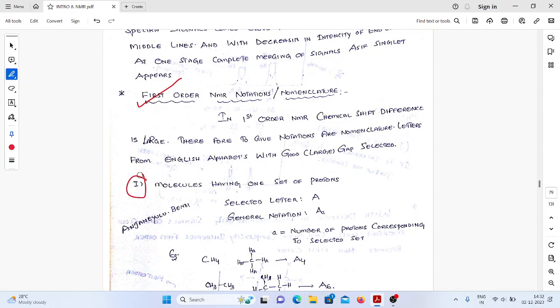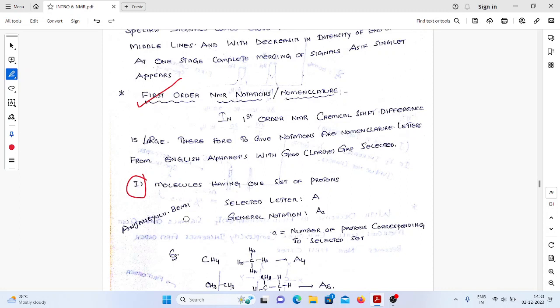Already we had a clear discussion in the first video. So we can easily identify how many different kinds of protons are available in the different chemical molecules. So the first case is what? If the system contains only one set of protons.